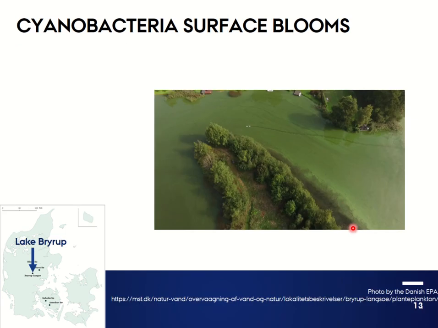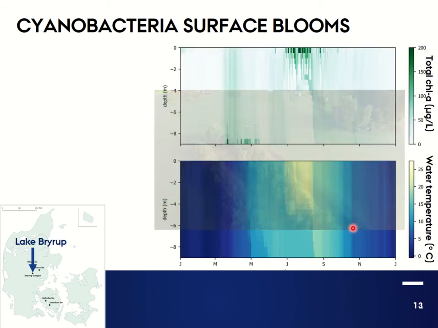In another of our investigated lakes, Lake Bryrup, cyanobacteria surface blooms are common in late summer, illustrated by this picture here. With WET, it is now possible to simulate surface blooms. In two figures, as you can see to the right, you see daily outputs at midday for Lake Bryrup in 1994, with the simulation beginning in January.